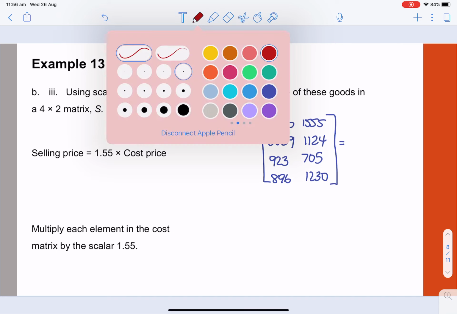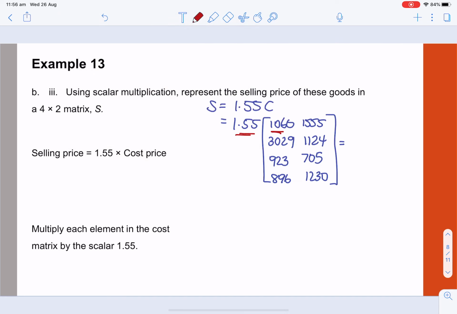So I would start by doing 1.55 by 1060, and I end up with 1643. Then I've done my calculations previously. 24, 10, 25. Yes, it's okay to have cents because we're trying to figure out how much it's cost us in total. You know what? I might move that entire matrix down because I've got plenty of room here.